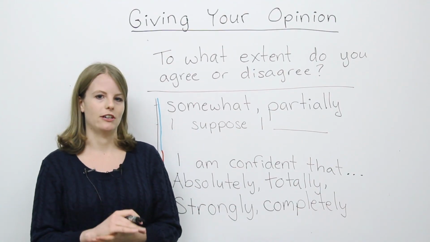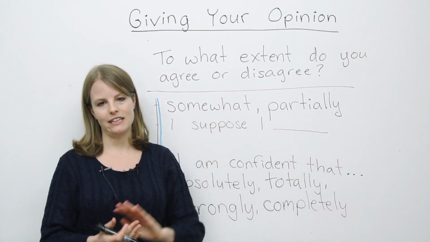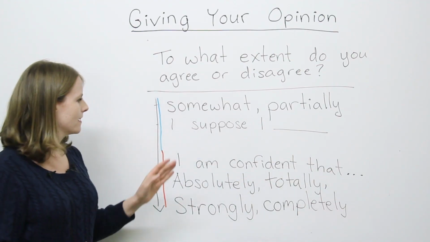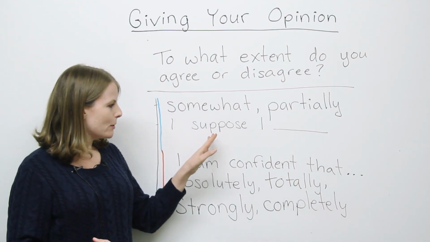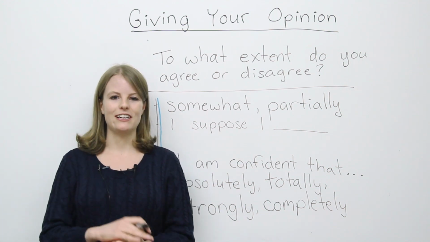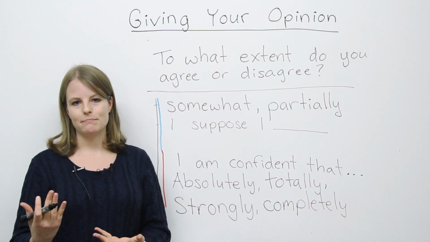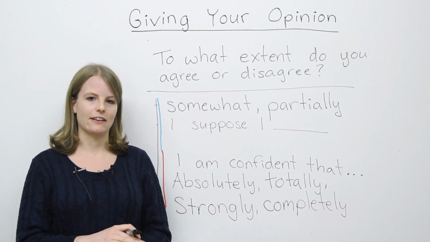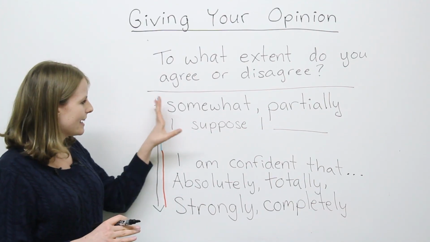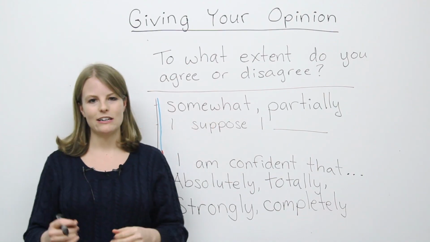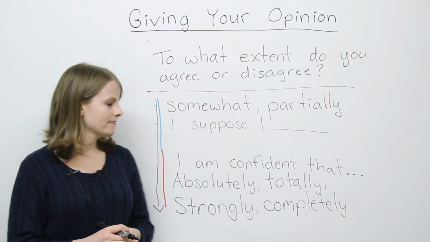I somewhat agree. I partially agree. Could also say, I suppose I agree with that statement. I suppose I agree that people with more money are more successful. But again, this shows you're not 100% sure.